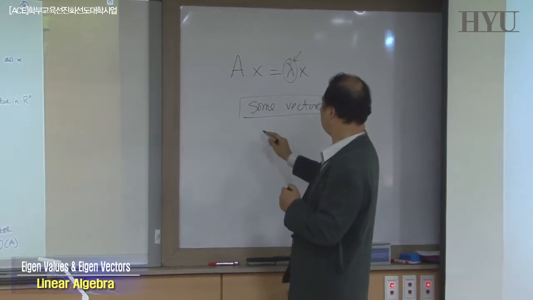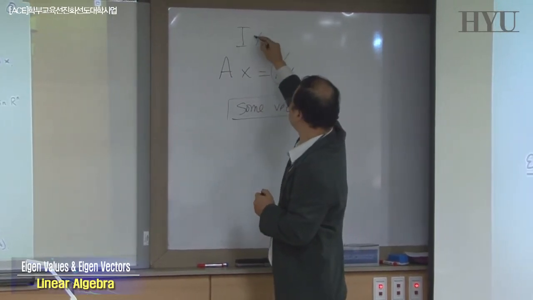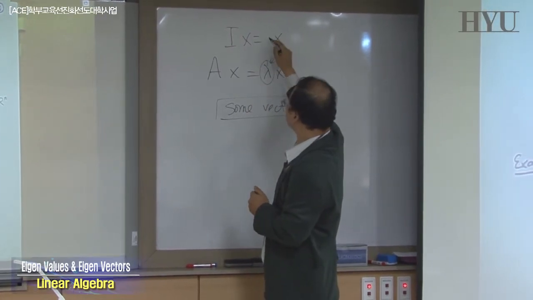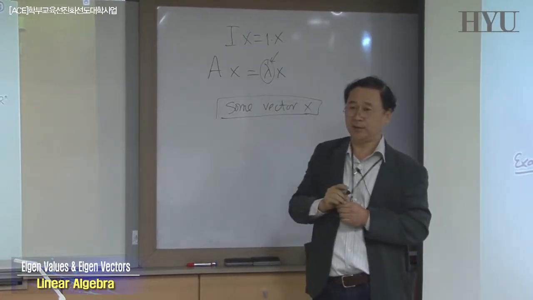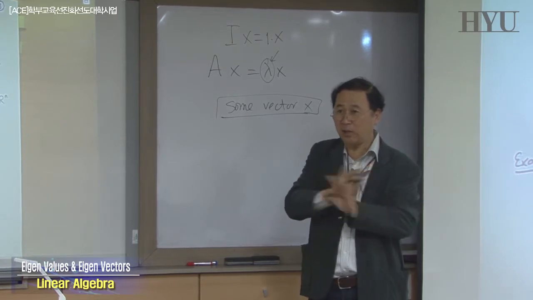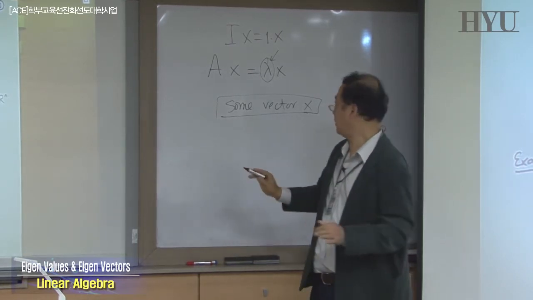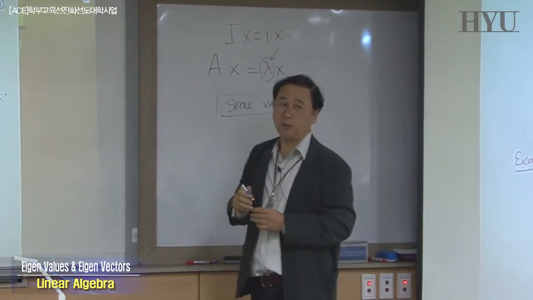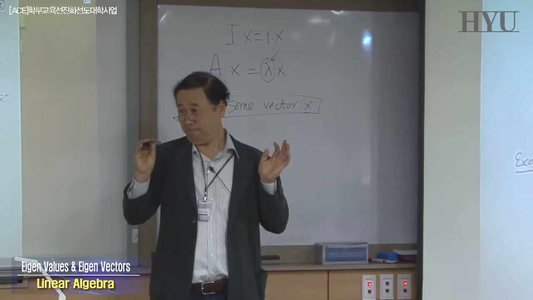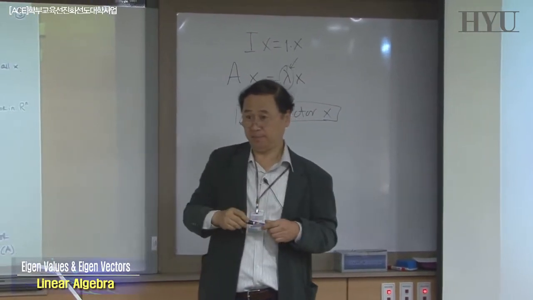Okay? So Ix is just x, right? This is 1 times x, and this is true for every vector. So in this case, the eigenvectors are every vector. Okay, this is a special case.